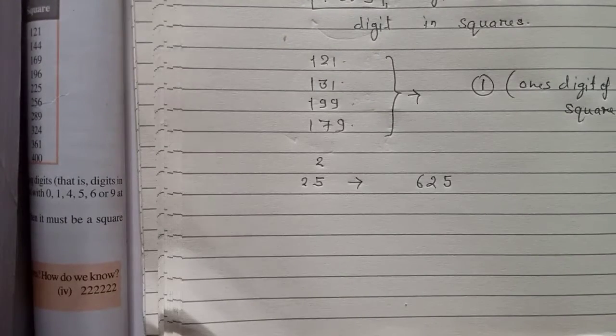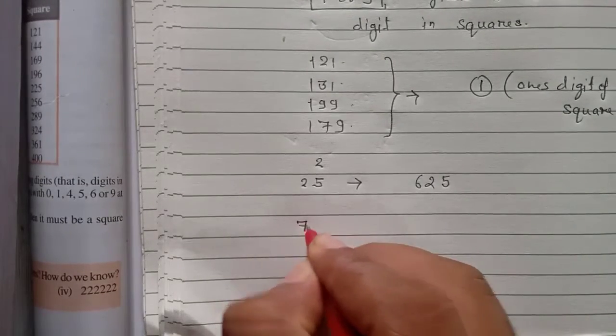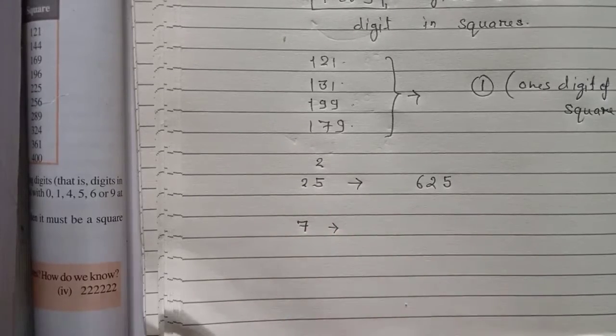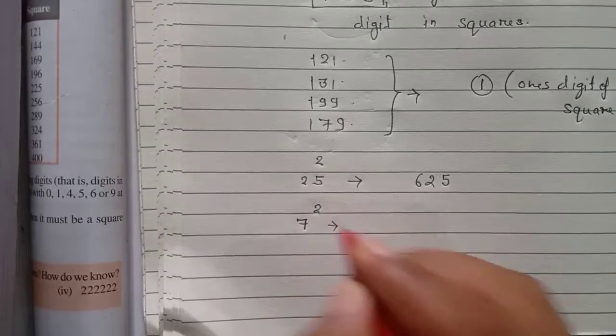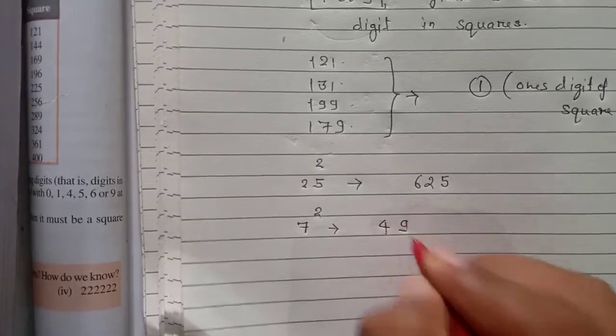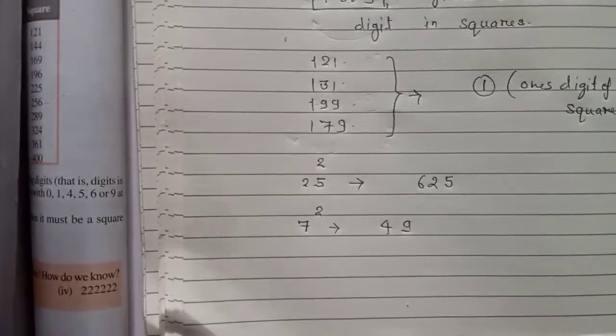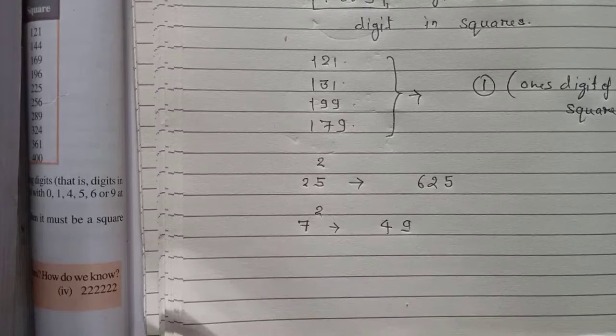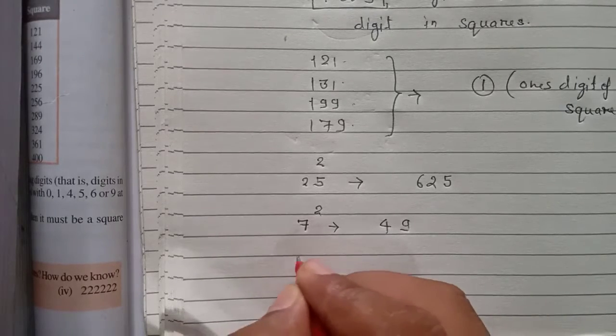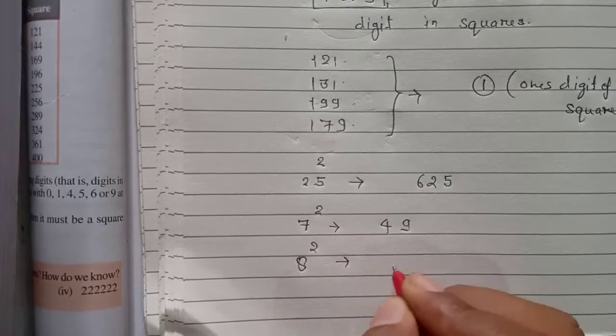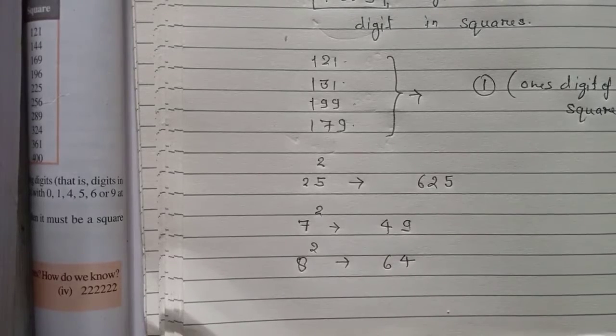Similarly, if you have 7 as ones digit of a number, then its square ends with 9 as ones digit. And if you have a number which ends with 8, see, its square ends with 4.